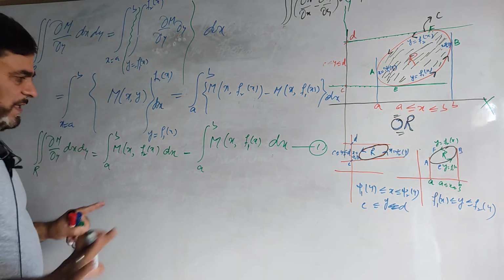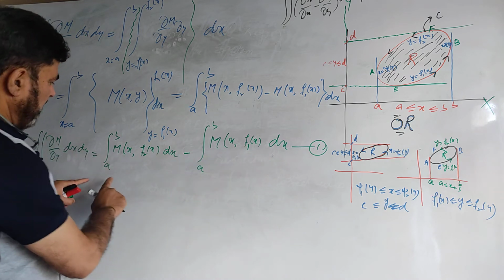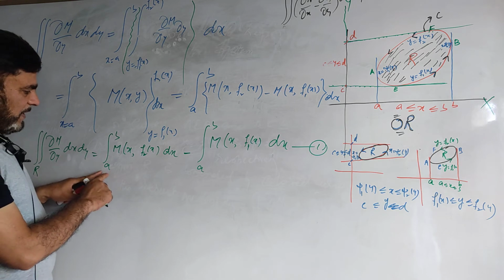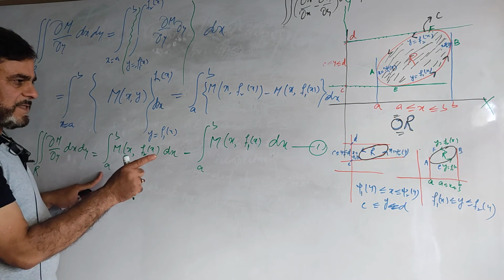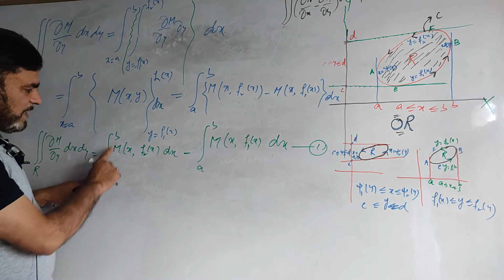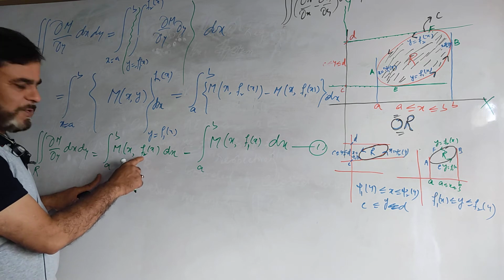Now just have a look at this. The right hand side of the first, the first integral, is the line integral from A to B along the curve y is equal to f2x.